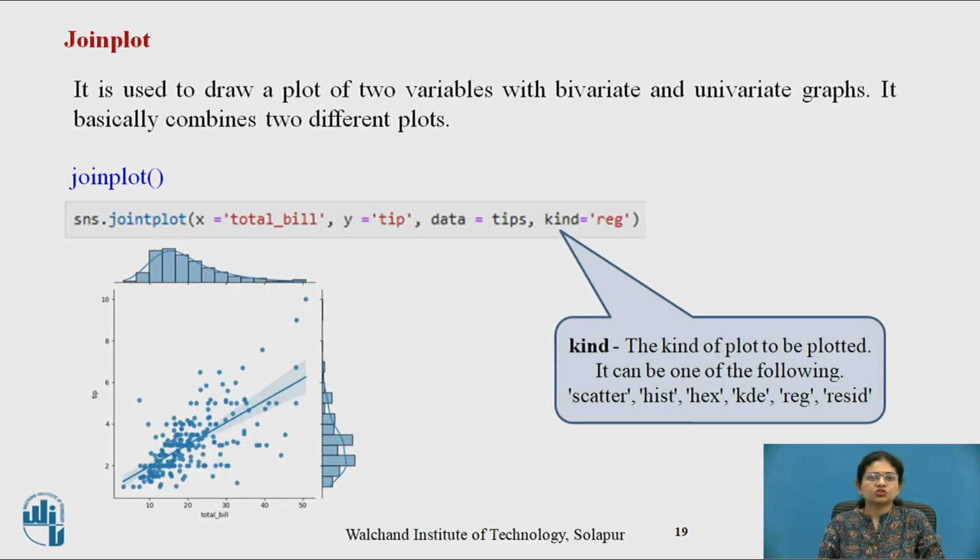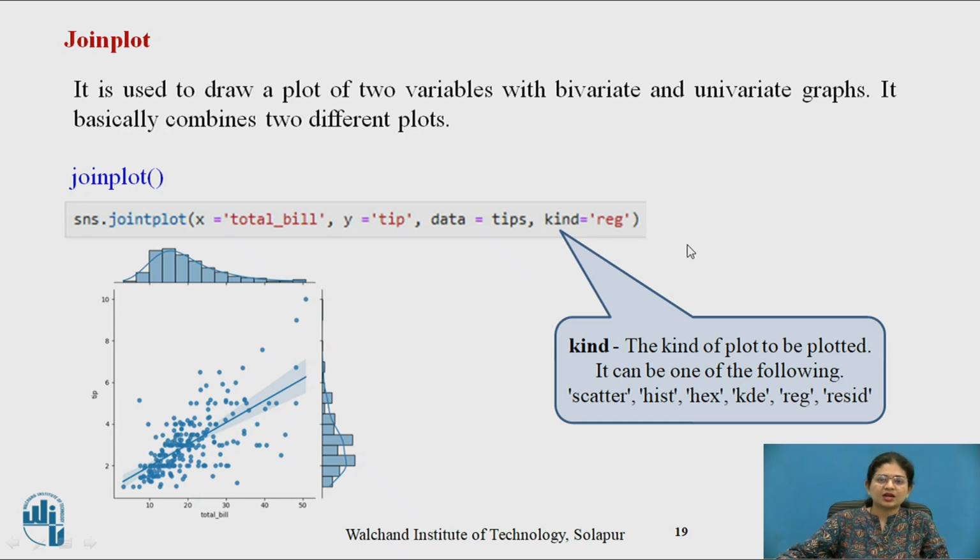Now the another one is the jointplot. It is used to draw a plot of two variables with bivariate and univariate graphs. It basically combines two different plots. So look at here, as I said, the jointplot joins two different plots. So x equal to total_bill, which is on the x-axis, and on the y-axis there is tip, data equal to tips, and kind equal to reg, that is nothing but regression.